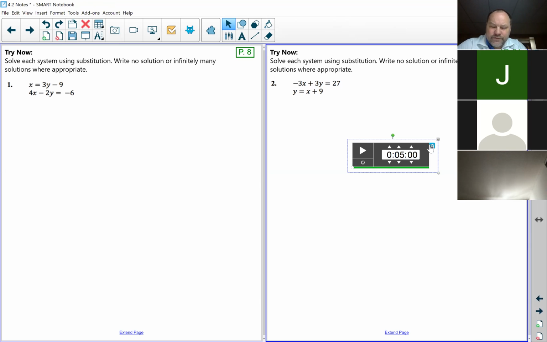And in 5 minutes, what I would like you to do is go in the chat when you've got your solutions and just let me know. One is either the ordered pair that makes it true, or no solution, or infinitely many solutions. And then 2 is the same. Just go ahead and put those in the chat. It's a great way for me to see where we're at. All right, I am going to mute and stop my video.